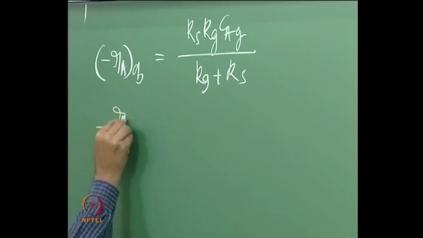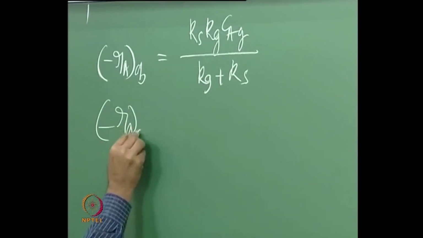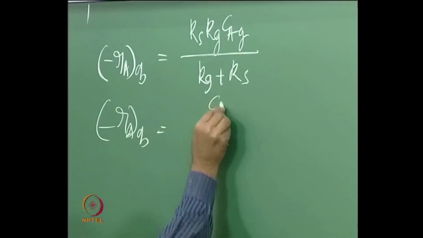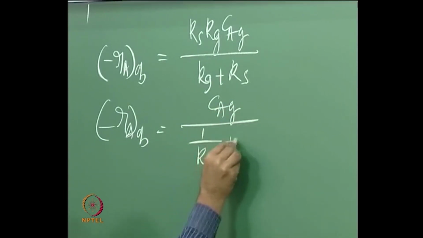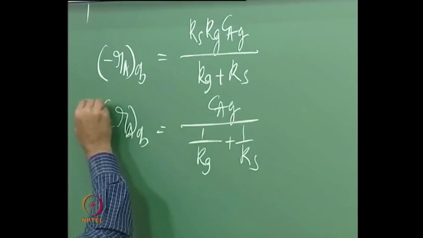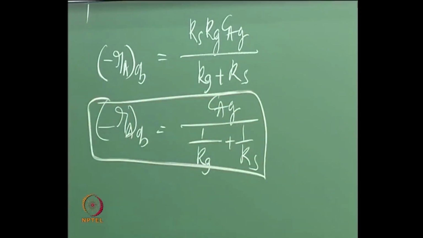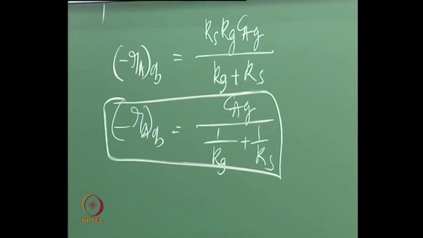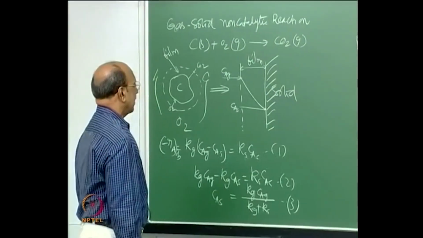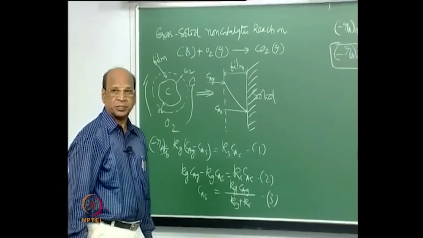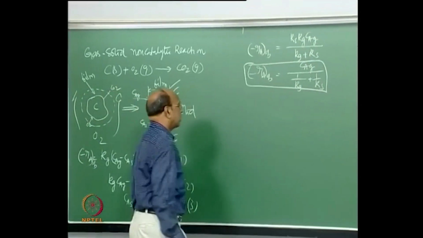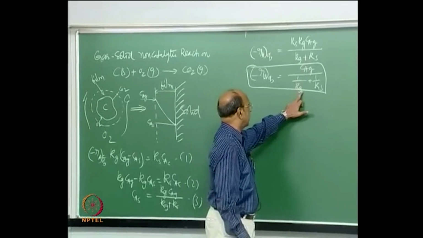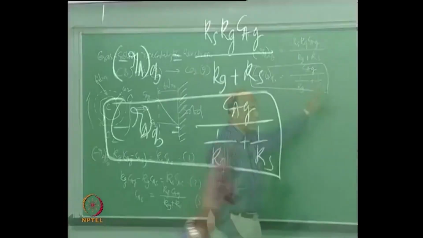This can also be written as CAG divided by (1 by Kg plus 1 by Ks). This is the rate expression for coal combustion, and it is peculiar because we have a mass transfer coefficient Kg and also a reaction rate constant.